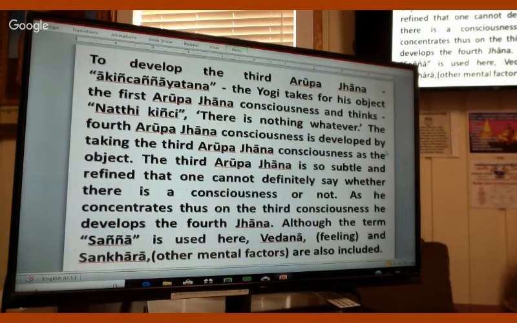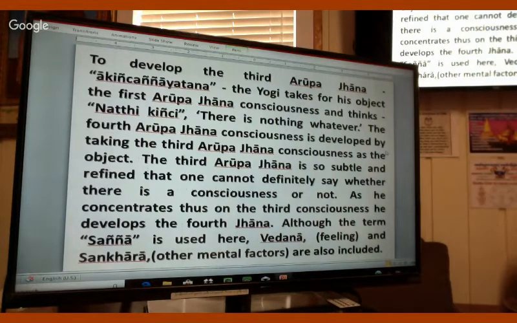Nothingness. Natthi kinci means: Natthi means there's nothing. Kinci means little, also little nothing. So that means very, very subtle. The mind is very close to disappearing, but still exists.